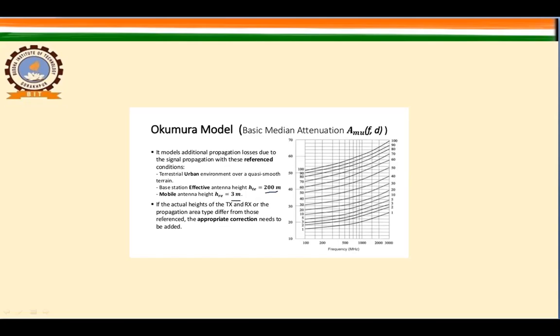And another thing is that if the actual height of the transmitter or receiver or the propagation area type differs from these reference conditions, then the appropriate correction needs to be added.